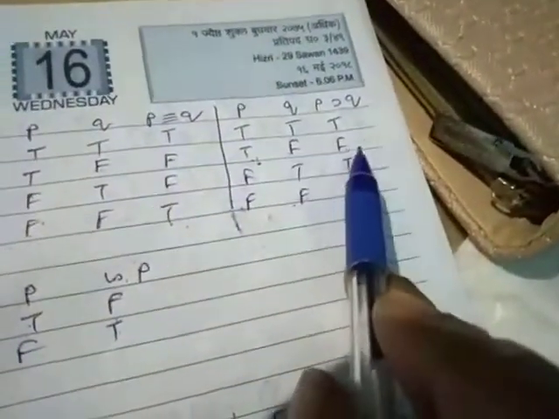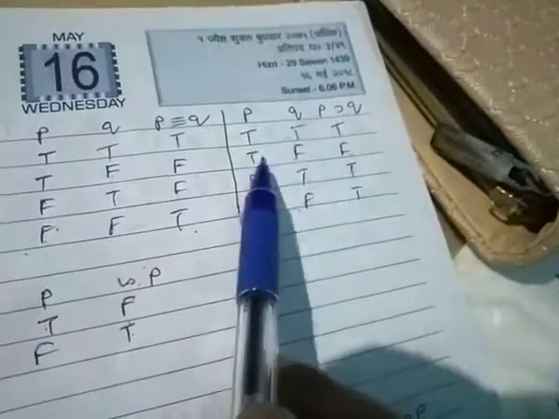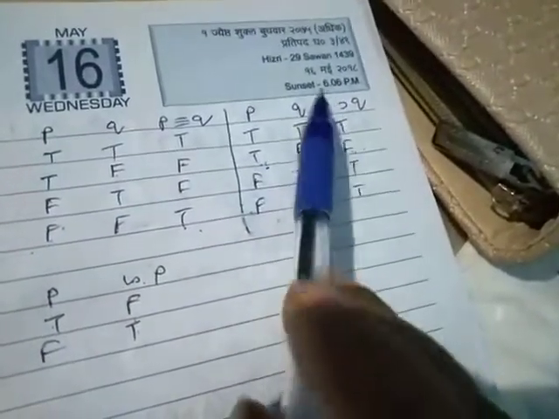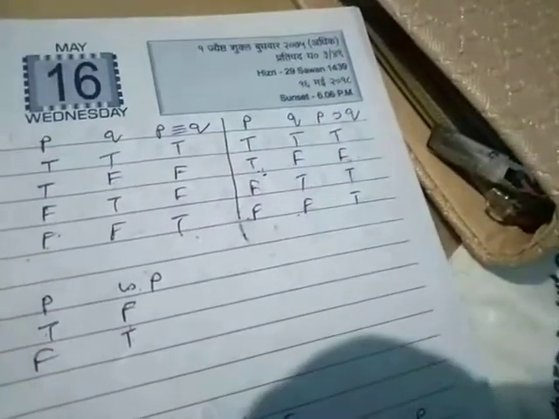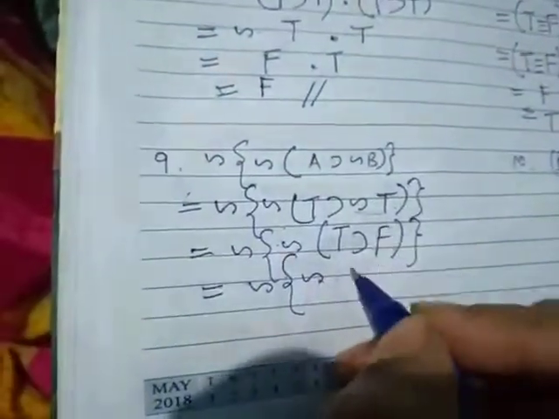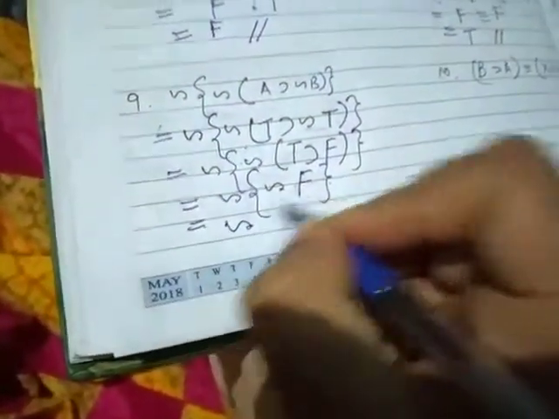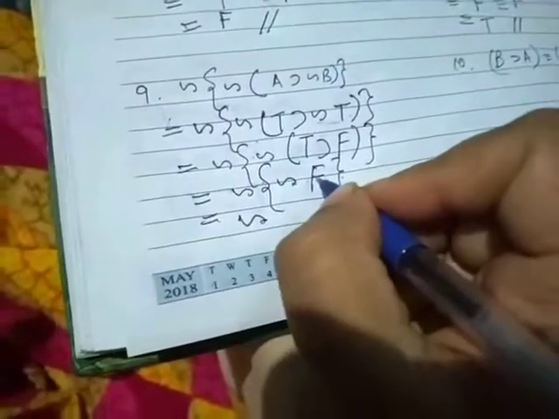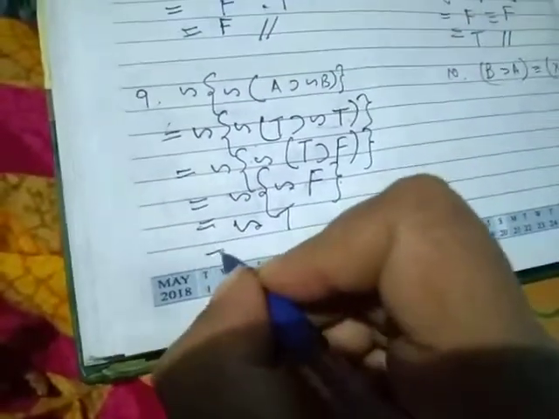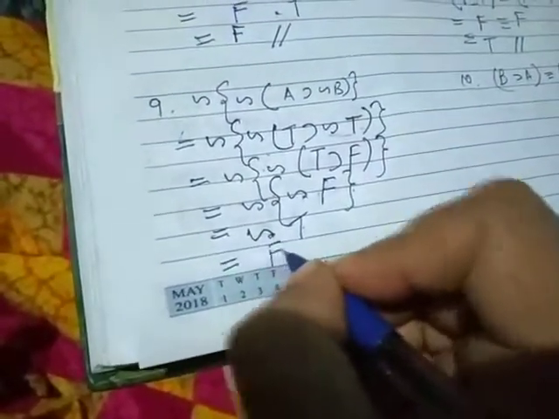In case of horseshoe, if it is tf, then the value is f. You can see, in case of horseshoe, if the value is tf, then the function will be false. So I will write false here and close the bracket. Then I will do this bracket first now. Curl f, that is not false, means true, and then not true means false.